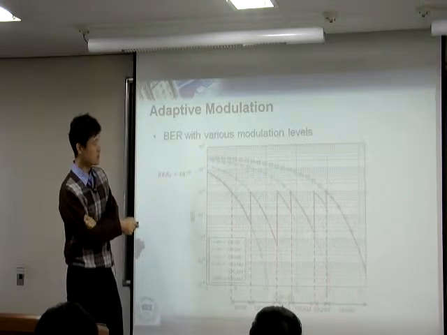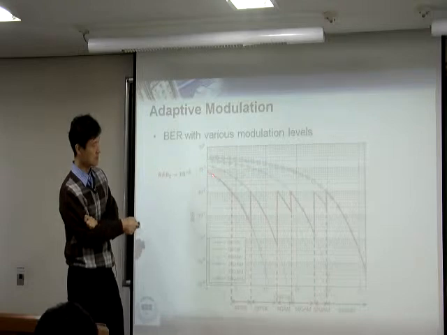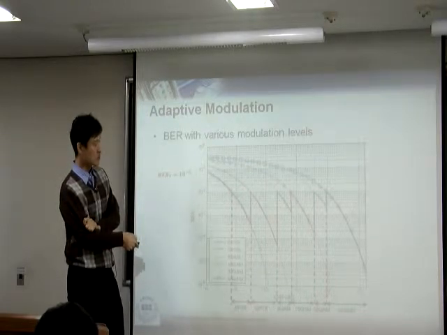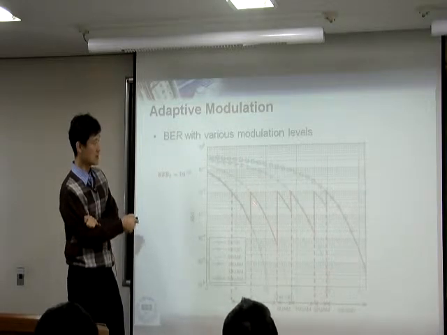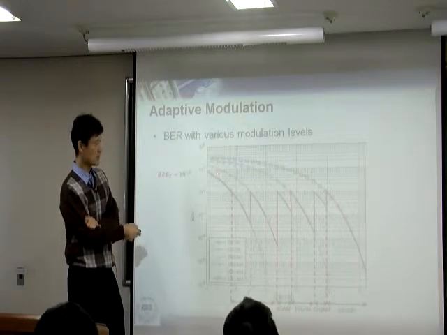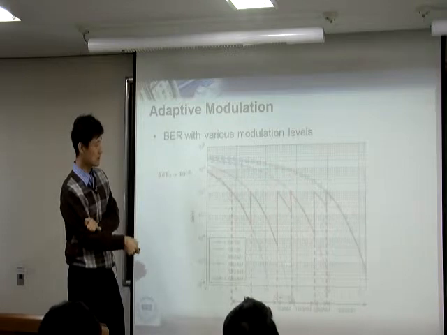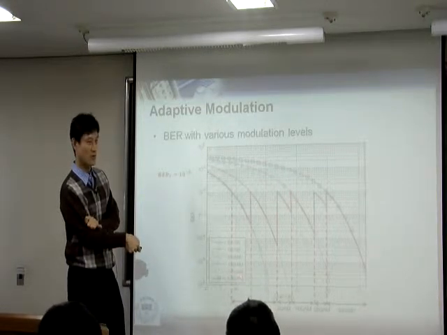This is the bit error rate of BPSK over AWGN, the waterfall curve. And when you use QPSK, this is the QPSK symbol error rate. And 8 QAM, the green one. 16 QAM, the purple. Light blue, 32, and the black one, 64 QAM.